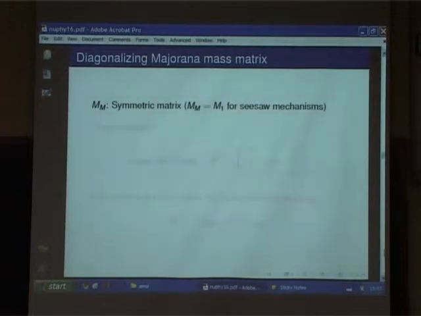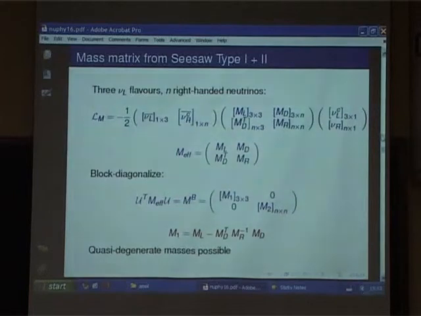So now we have got this MM, the square of the mass matrix, which in this case is this M1. So we said that now that we have seesaw, we block diagonalize. We take the 3 by 3 part M1, we throw away this M2 because we won't be able to validate it. And M1 is our mass matrix. We do everything in M1.